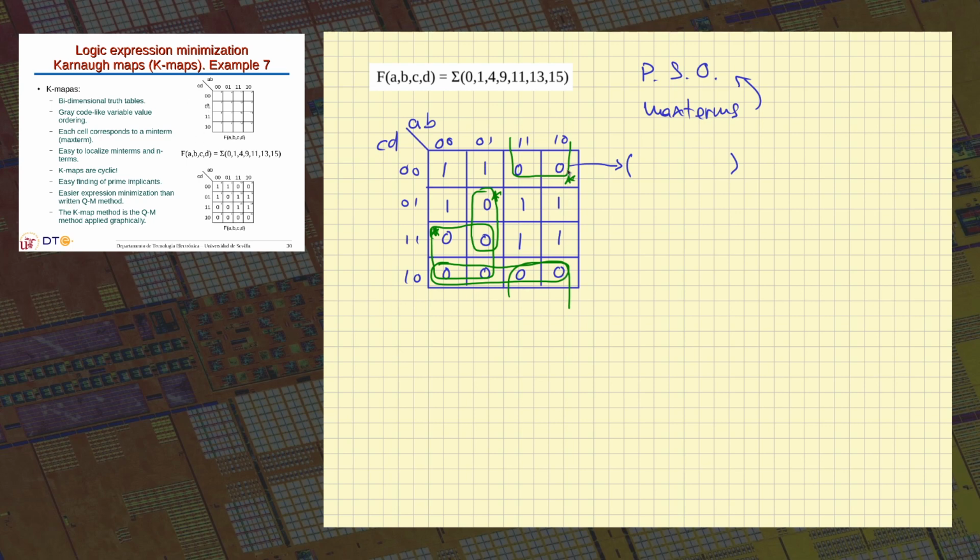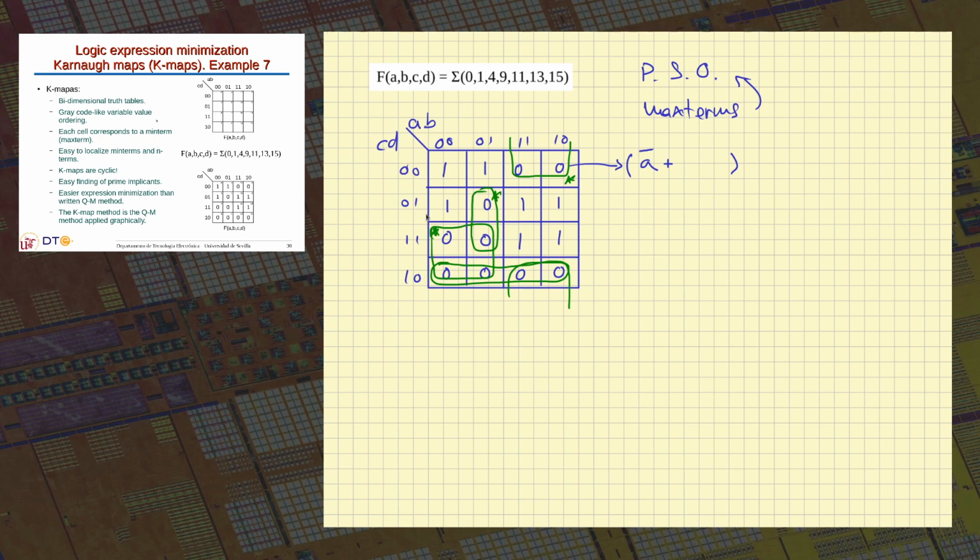cases. This is the expression that is 0 when A is 1. Okay, so A is going to appear, and for the sum to be 0 when A is 1, it needs to be complemented. Okay, this is also 0 when D is 0.